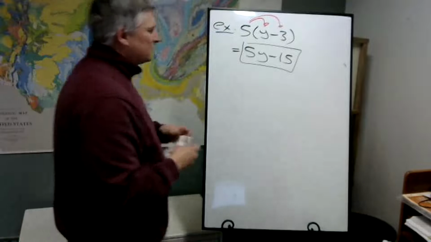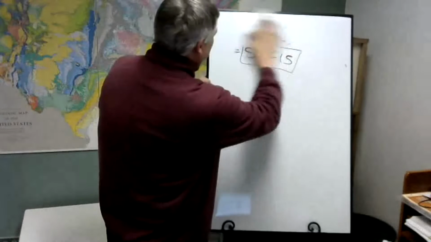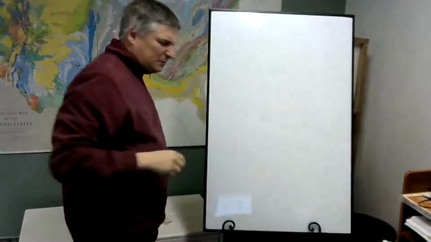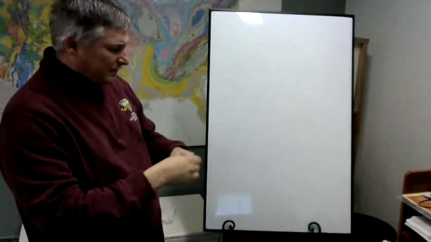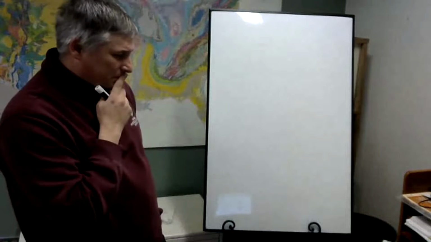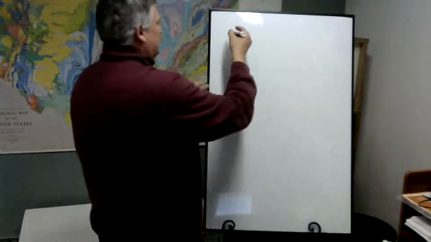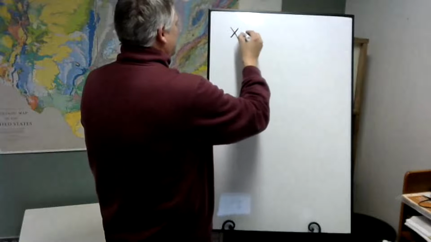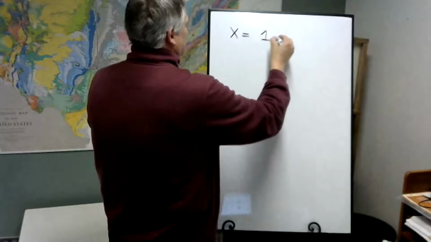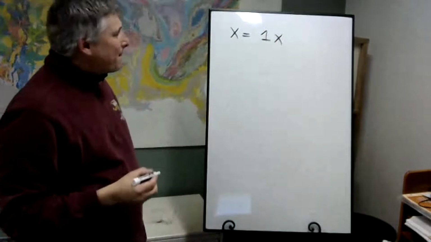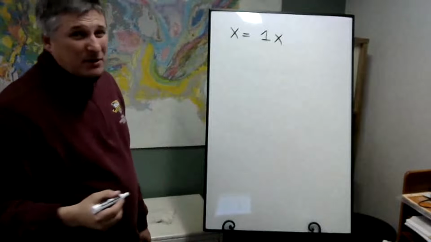Now, another thing with distribution, and it has to do with the minus sign. So in math, what you'll see is that we can rewrite x as 1 times x. We do the same thing with minus.